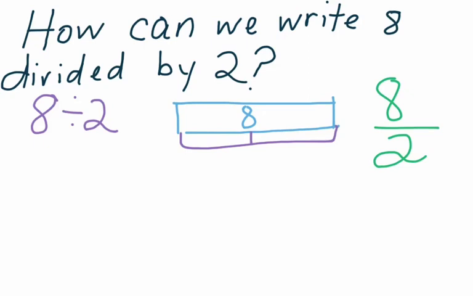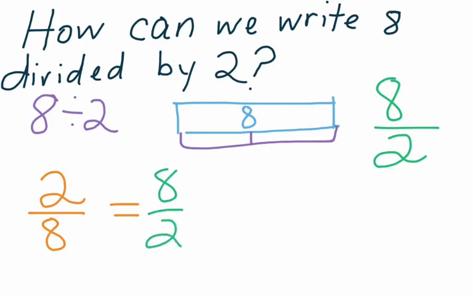So just to explore this a little bit further, if we take our fraction form of 8 over 2, if we were to write it like this, 2 over 8, is that the same as what we have, 8 over 2?